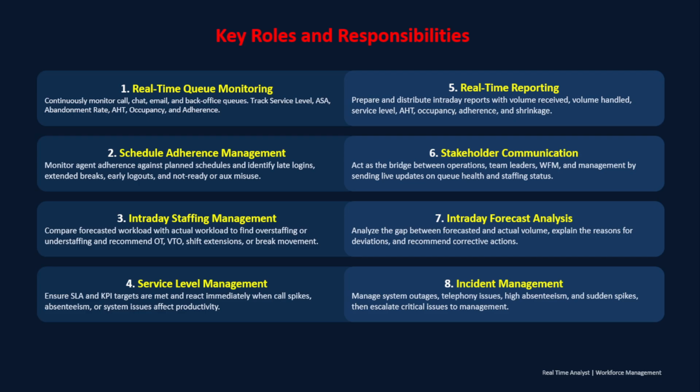So you have to check whether the agent is logging in at the right time or not, whether he is taking breaks at the proper given time or not, and whether he is doing late logins or exceeding his break. If he or she is doing something like that, you have to highlight that, share it with their team leaders, and ask them not to do this, because adherence impacts our SLA.